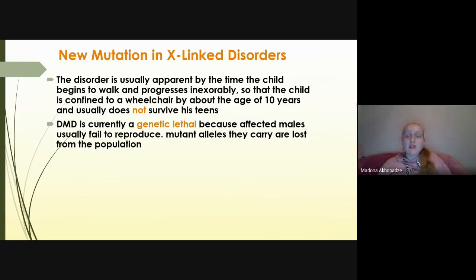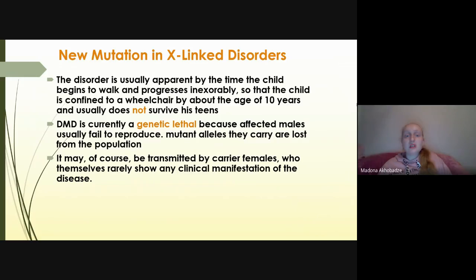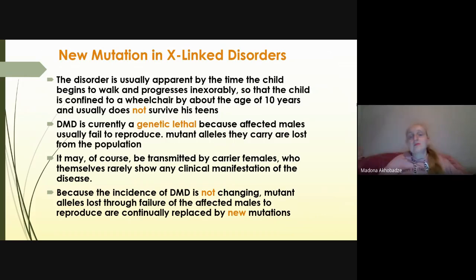But still, there are striking numbers of DMD cases. The incidence is not changing. It means the mutant alleles lost through the failure of affected males to reproduce are continuously replaced by new mutations that occur newly and are not inherited at all.